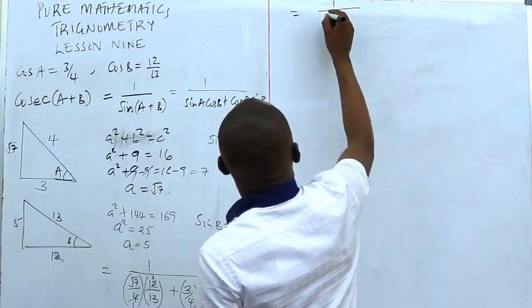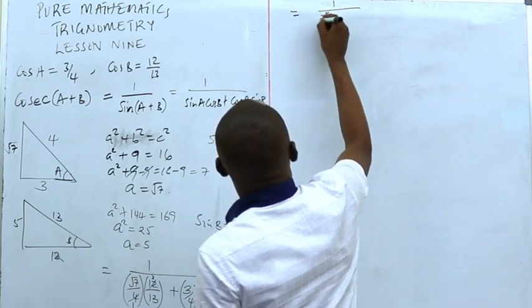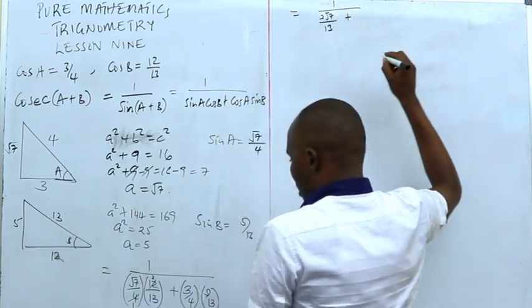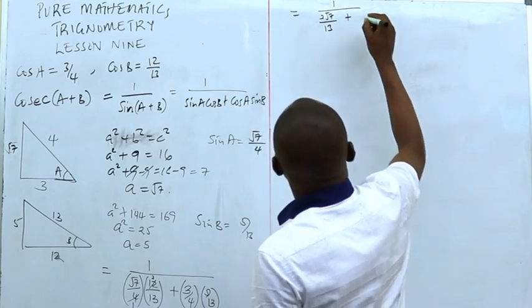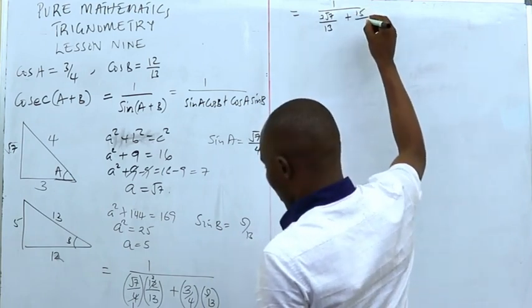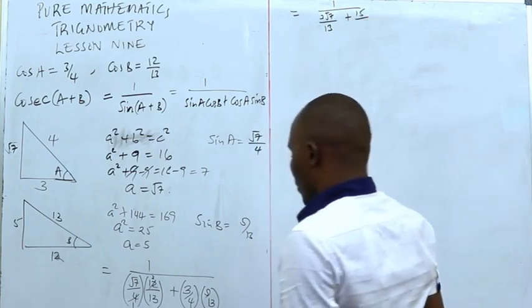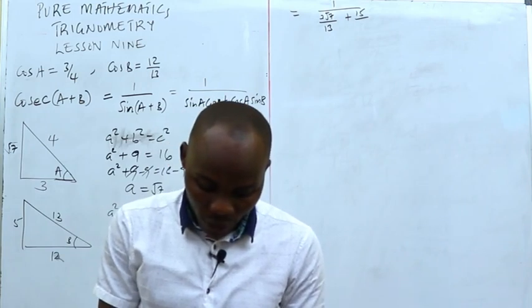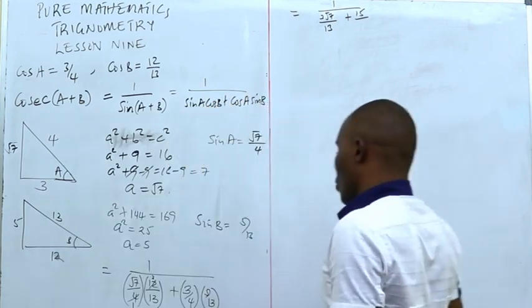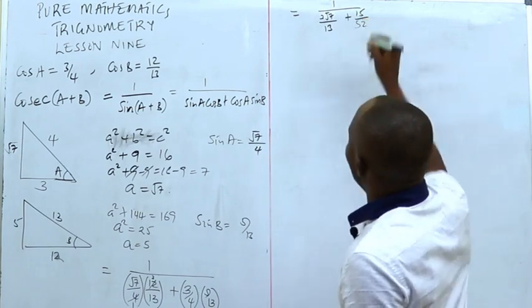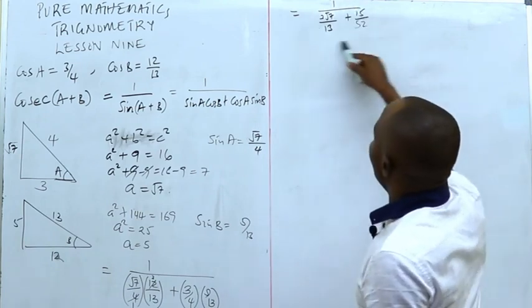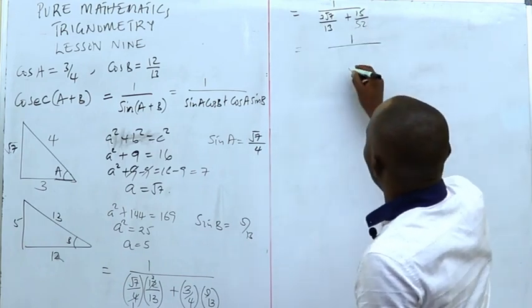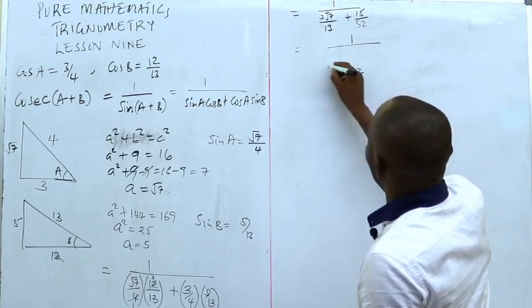Now from there, this is 3 root 7 over 13 plus, from here, we have 15 over 4 times 13, which is 52. So your role is to simplify this. Okay, we have 1 over, the LCM is 52.